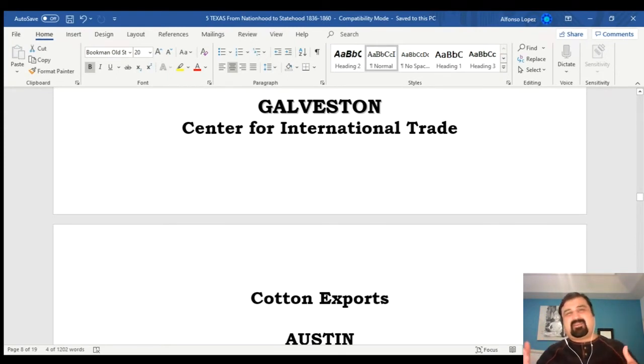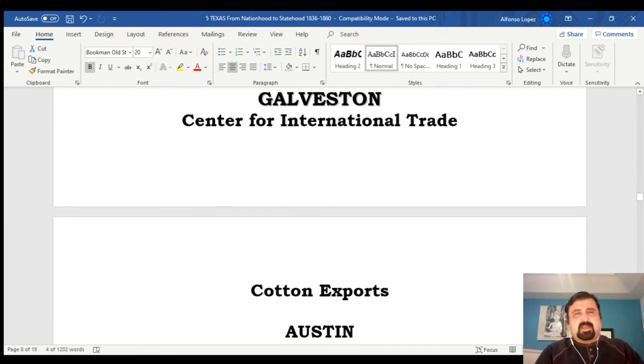International trade there is not going to acquire the significance that it did in Houston, but nonetheless it was initially rivaling Houston as a place from which merchants and producers could export their products overseas. Galveston was located about 45 to 50 miles away from Houston.